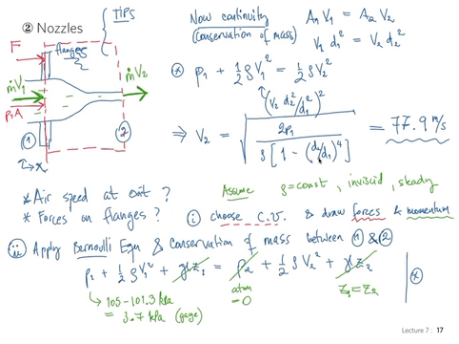That is the outlet velocity. Now we can get the inlet velocity from this relationship here. So if we know V2, we can now get V1. And now we have everything.